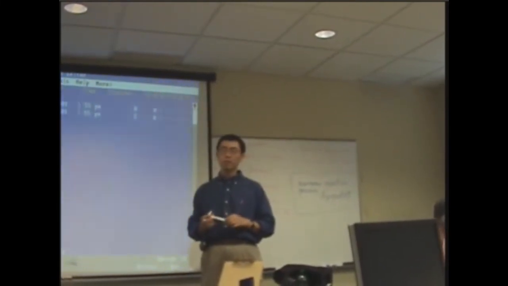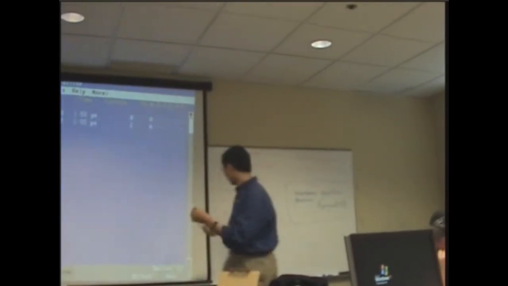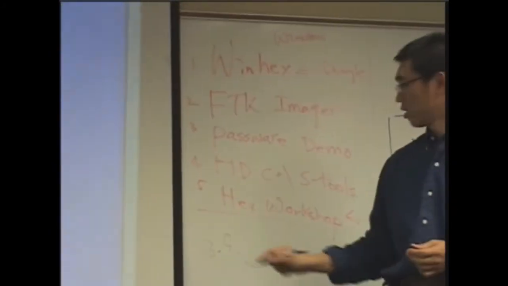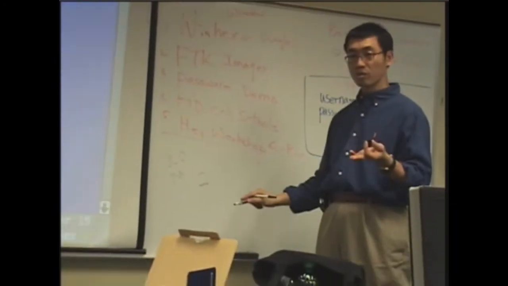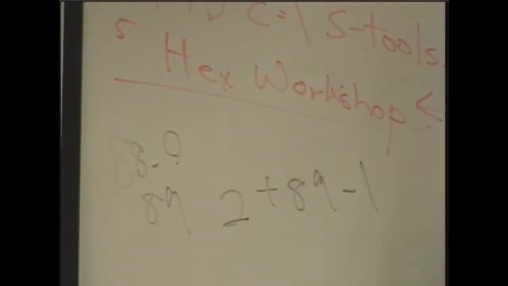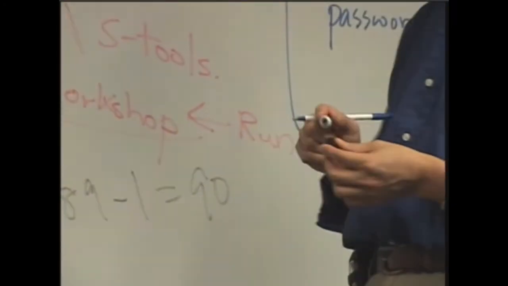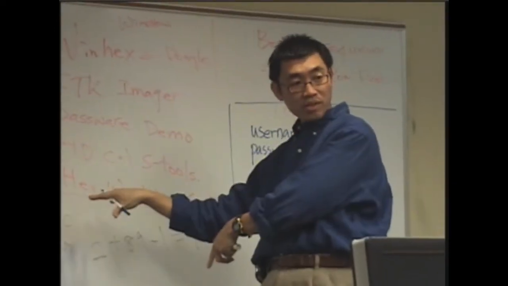It's 88.7, 88 point something, right? So how many clusters do you need? 89. So if I say the first one is 2, you have to what? Plus 89 minus, remember the last one? Remember I said that? So it's what? 90, right? So actually we start at 2 and end at 90.